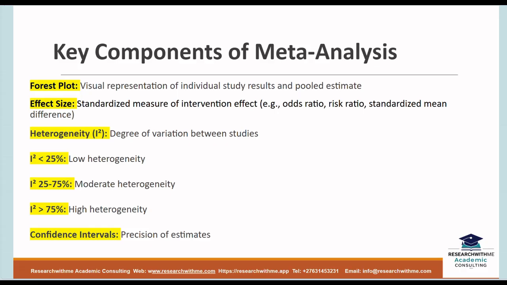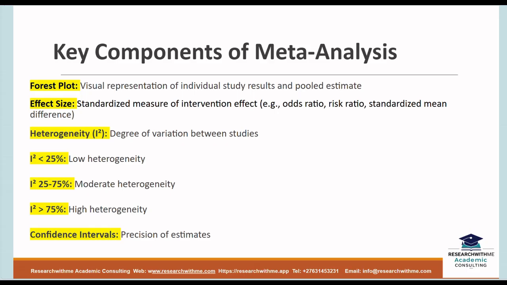And the heterogeneity is also denoted with I squared, which is the level of variation between them, and their benchmark, whether it is low.